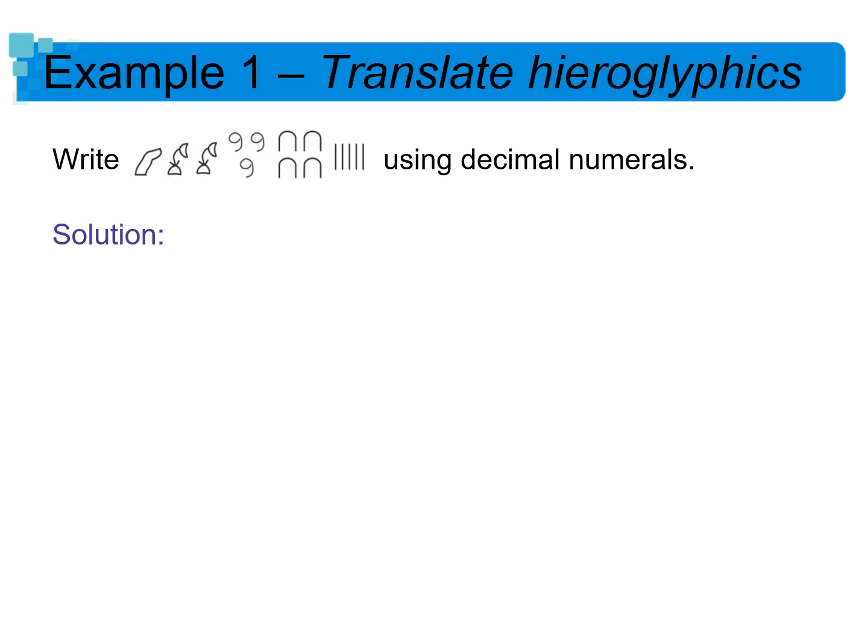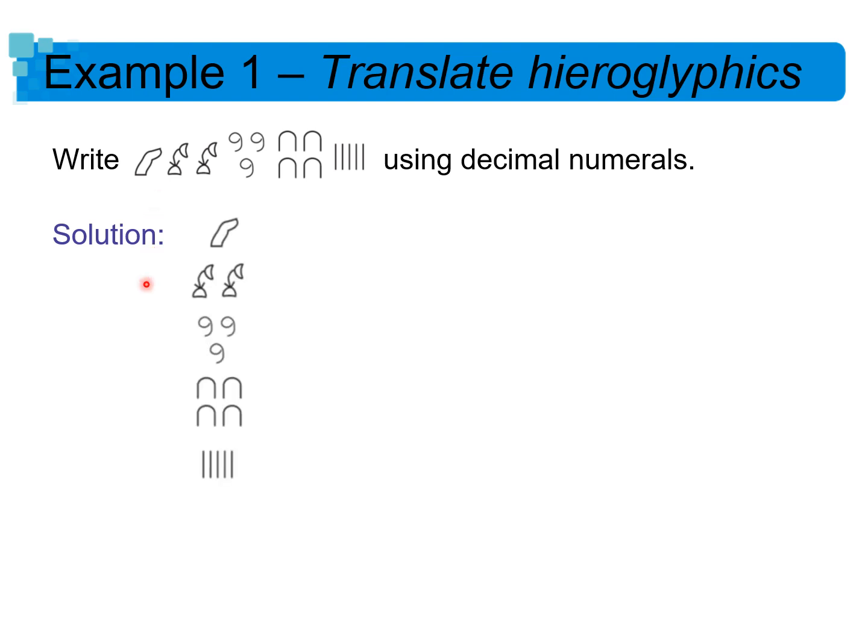So here's an example where we have this type of hieroglyphics, and they want us to actually translate this into our decimal number. And so let's take a look, and what we're going to do to find the solution is we're going to take each of these groupings of numbers, and then we're going to translate them using that chart that I gave you a couple of slides back.